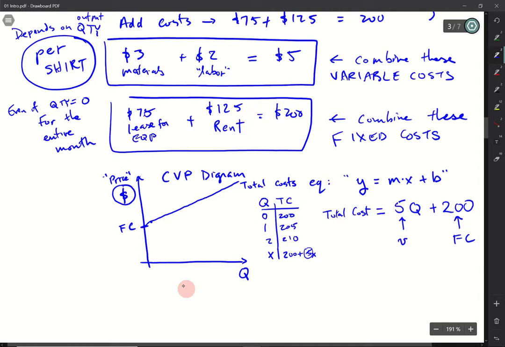What I try to do is make the variable cost lowercase because it varies with the amount produced, and I try to make the fixed cost with capital letters because it's kind of solid and fixed. So this is actually the equation of our total cost line.